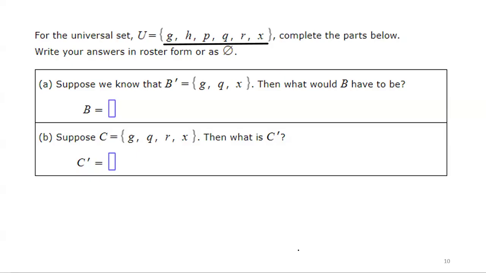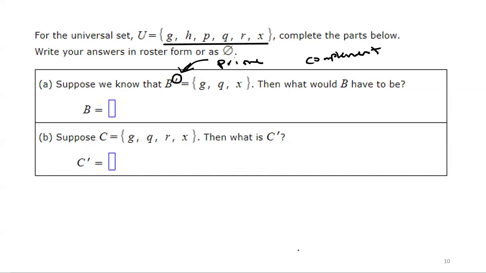The first one says, suppose we know that B prime is equal to GQX. This little mark that looks like an apostrophe is prime. Sometimes it's called complement.